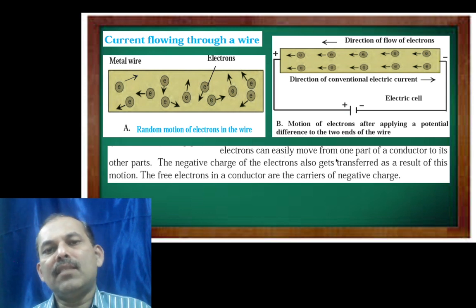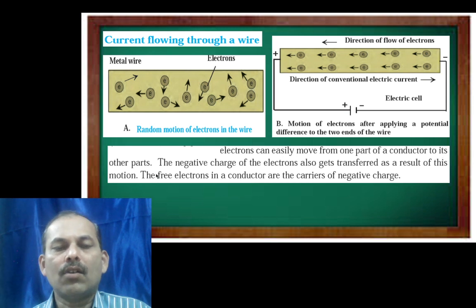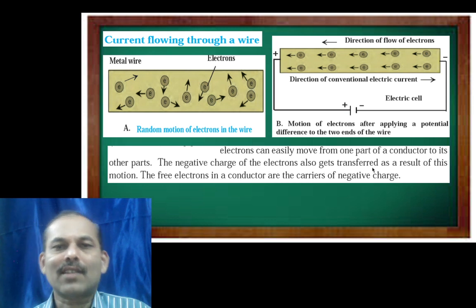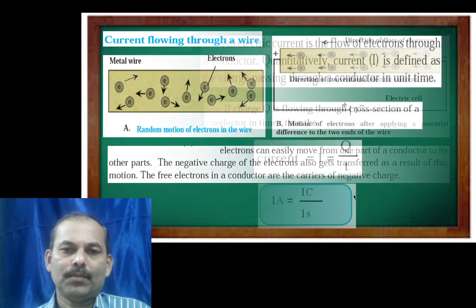Electrons can easily move from one part of the conductor to its other parts. The negative charge of the electrons also gets transferred as a result of this motion. The free electrons in the conductor are carriers of negative charge.